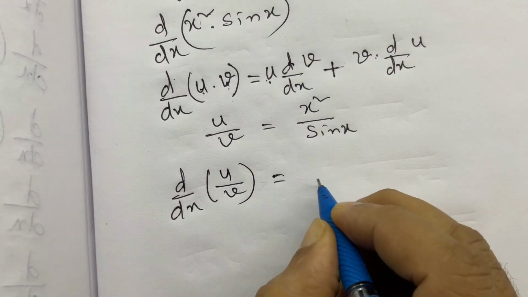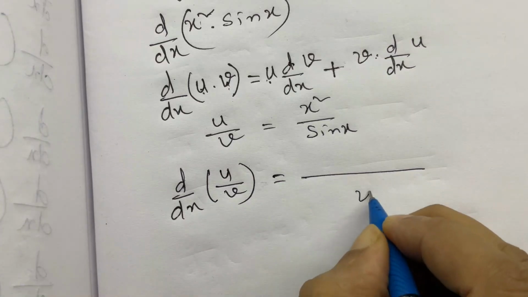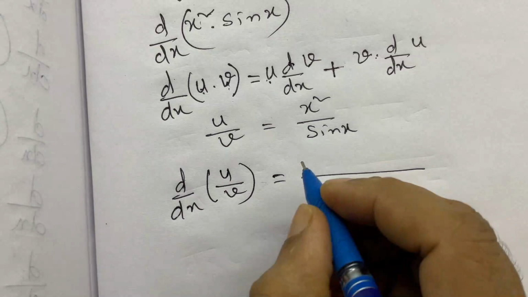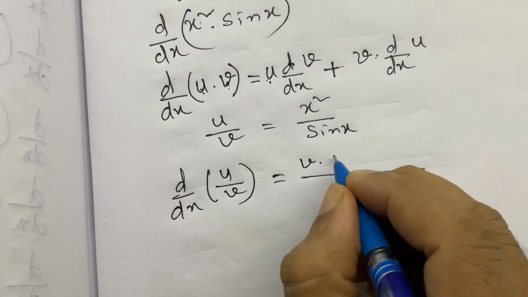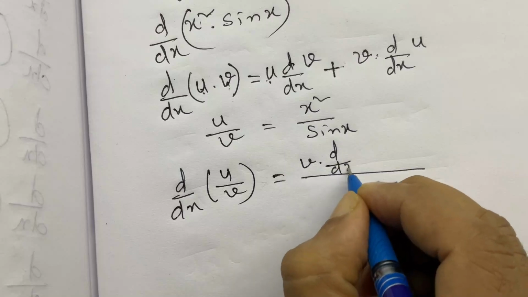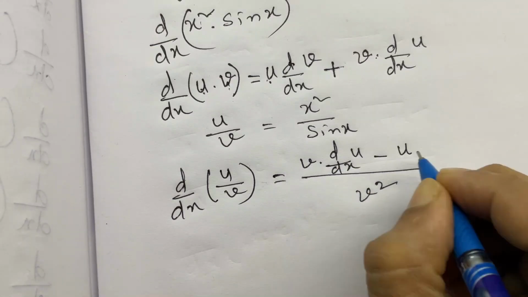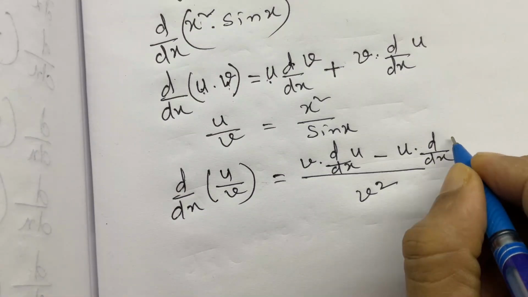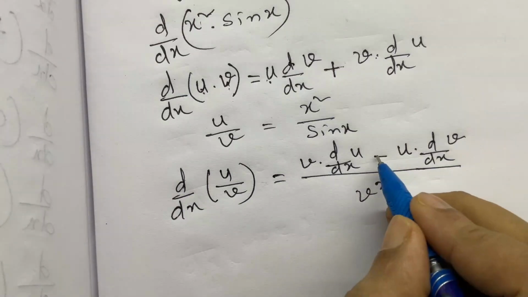Here you have to remember, whichever is in the denominator, v, will be squared, and then keep v here, do d/dx of u, and same thing now for u, and do the d/dx of v, and in between the sign will be minus.